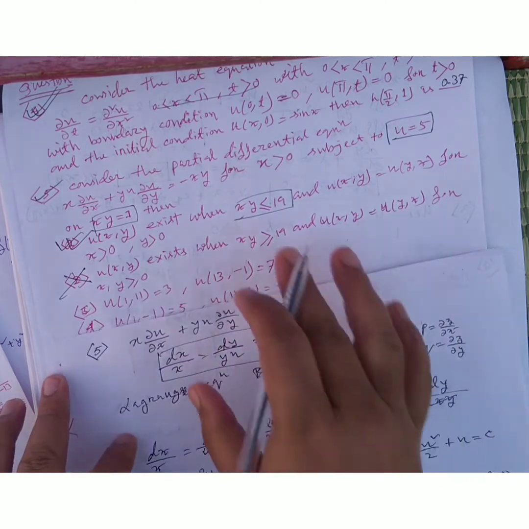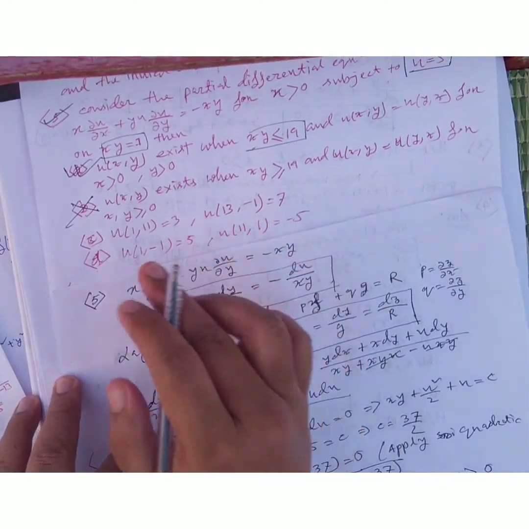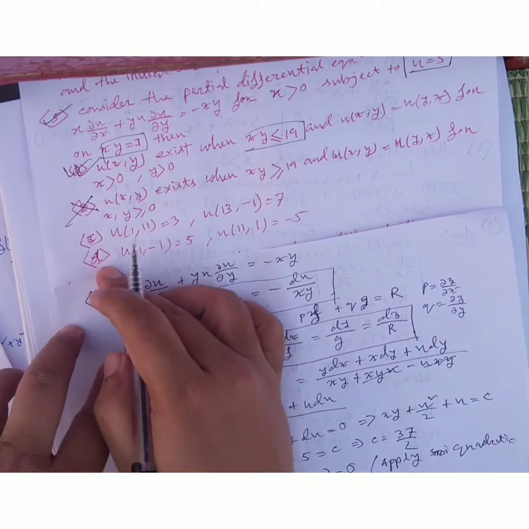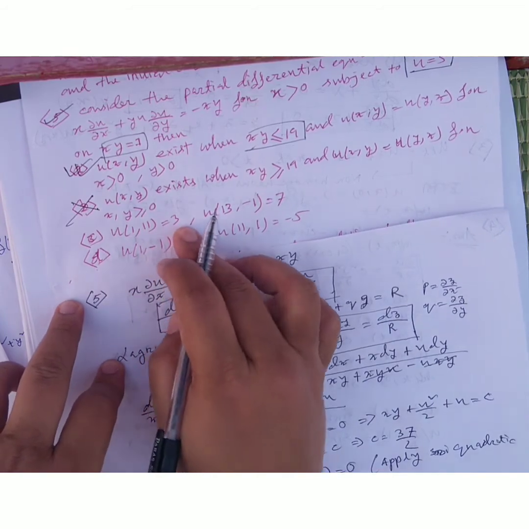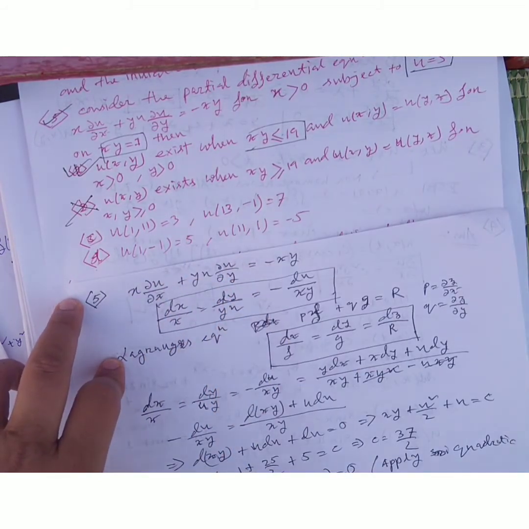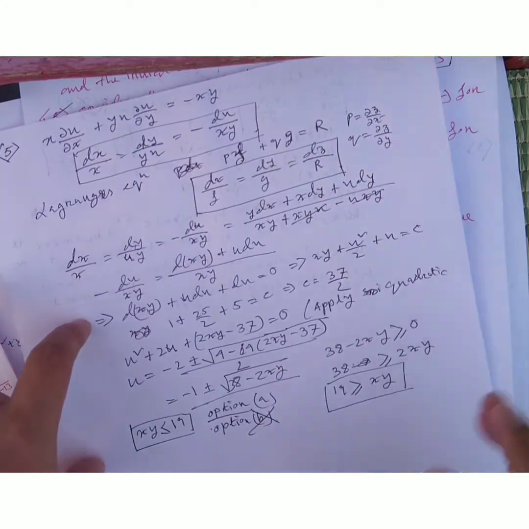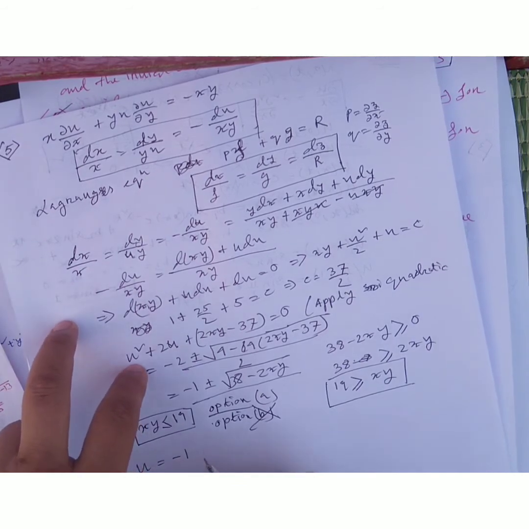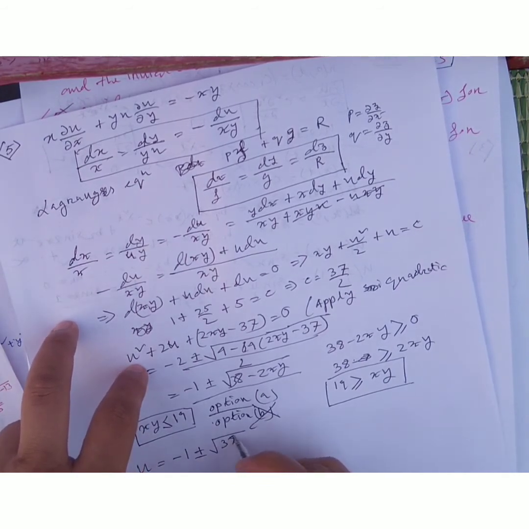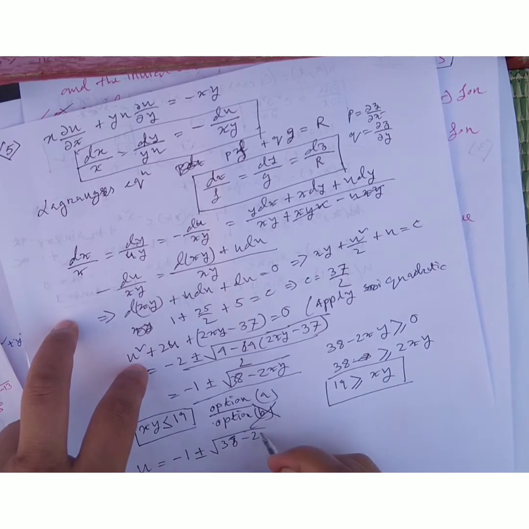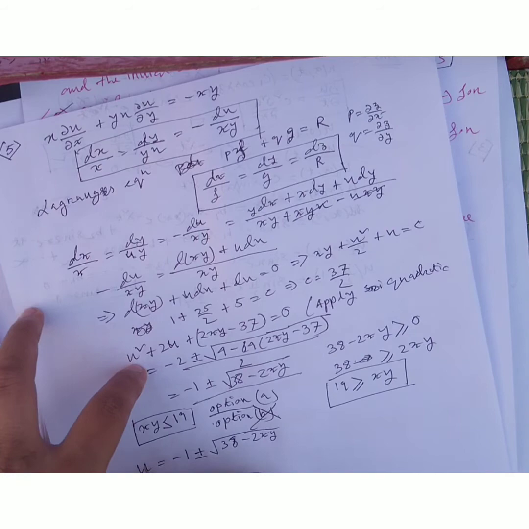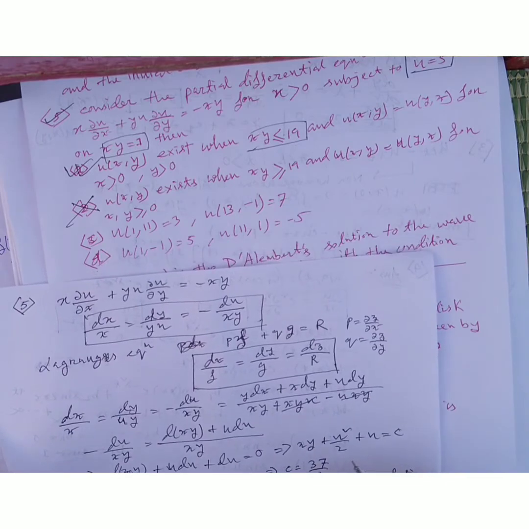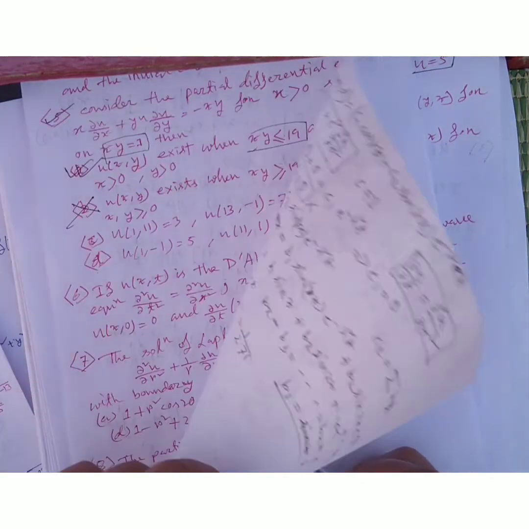And next, whatever I get, next it tells C: u(1,11) is equal to 3 and u(13,-1) is equal to 7. So friends, my equation is u is equal to -1 plus minus root over 38 minus 2xy, where the xy value is 1, 11.